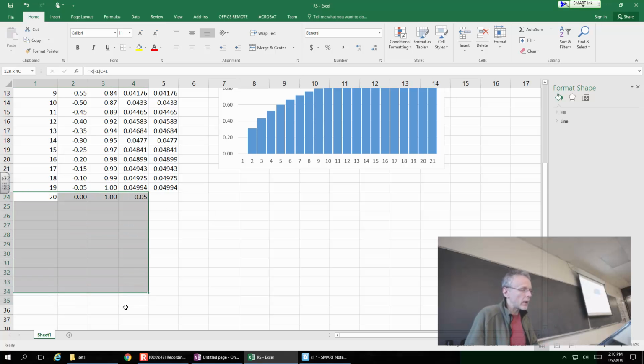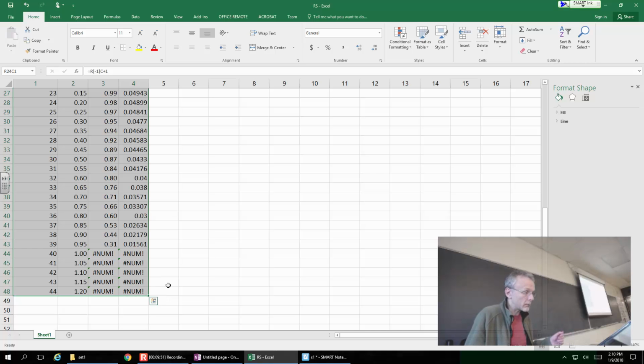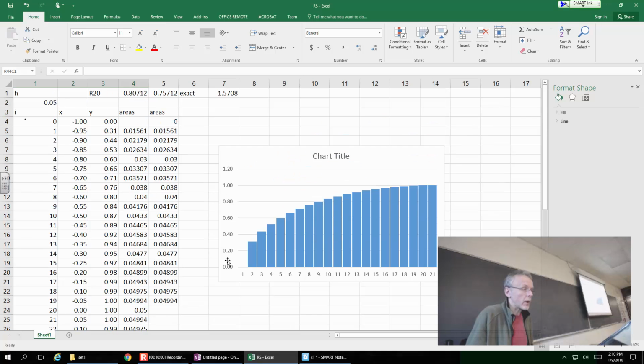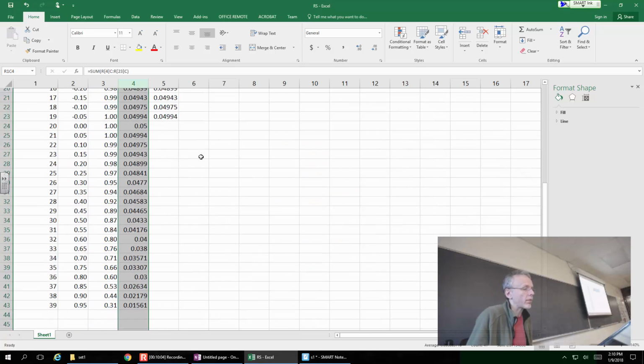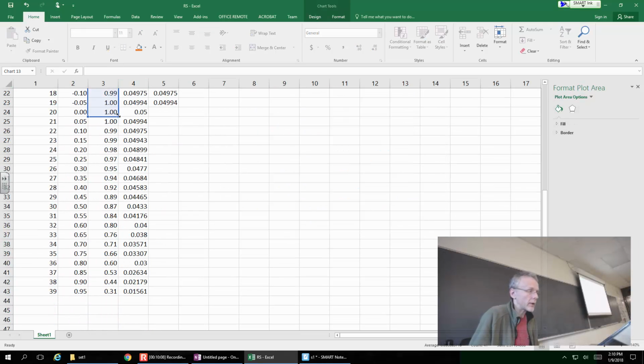So I'm going to go farther. I need more data, so I am going up to 1. So I'll have to kill these. These are my Riemann sums. Once again, this is a column filled with the rectangles. Let me first visualize them.